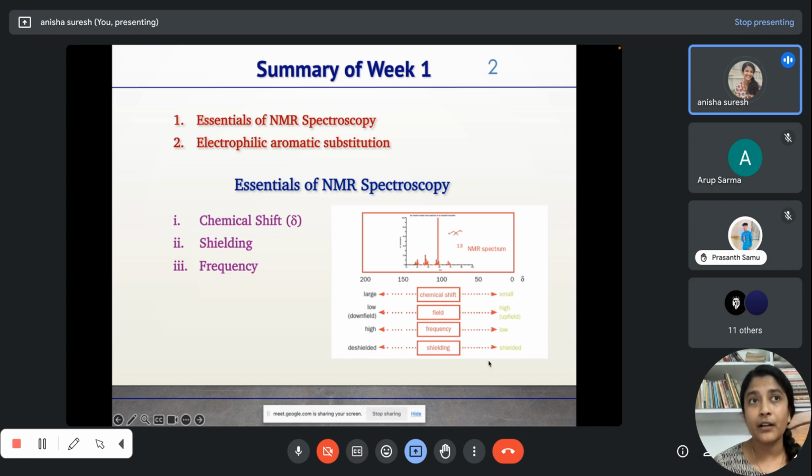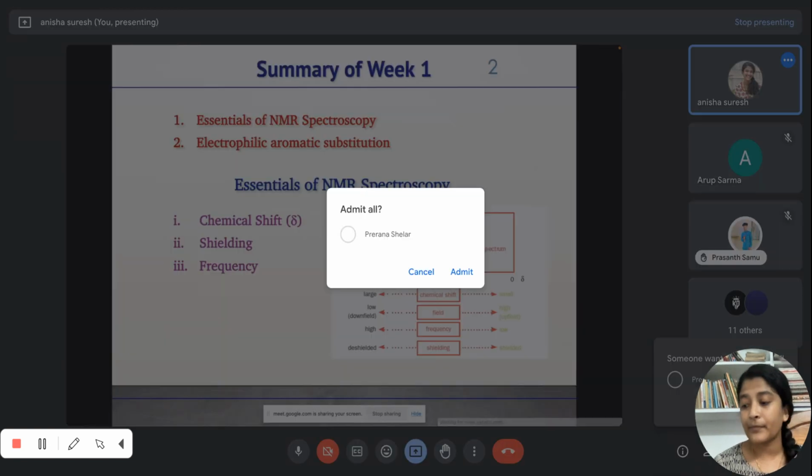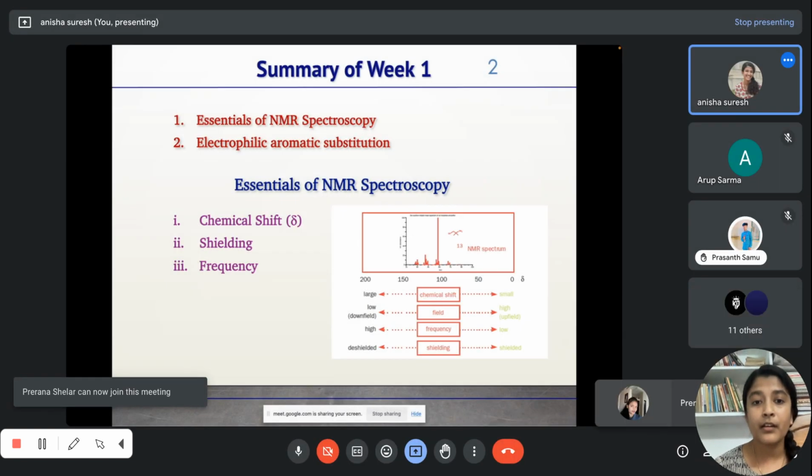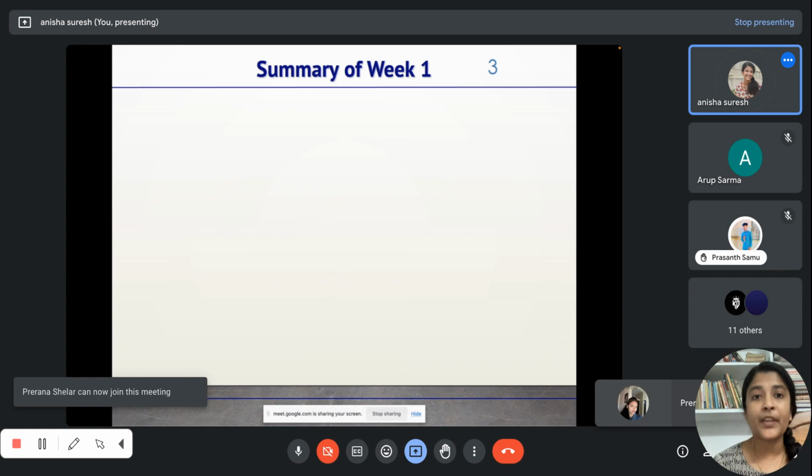Highly shielded means there will be more electron cloud around the hydrogen atom or carbon atom, and deshielded means the electron density will be lower in that region. So these are the concepts that have been discussed in the first lecture.